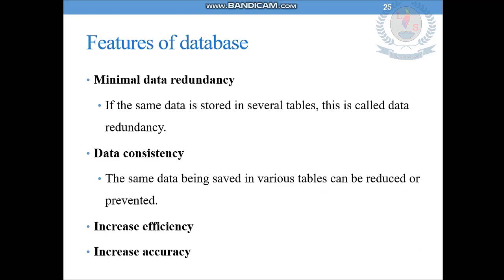Now let's see what the features of a database are. The first one is minimal data redundancy. If the same data is stored in several tables, this is called redundancy. Data consistency is the next feature. The same data being saved in various tables can be reduced or prevented. So increased efficiency, increased accuracy.